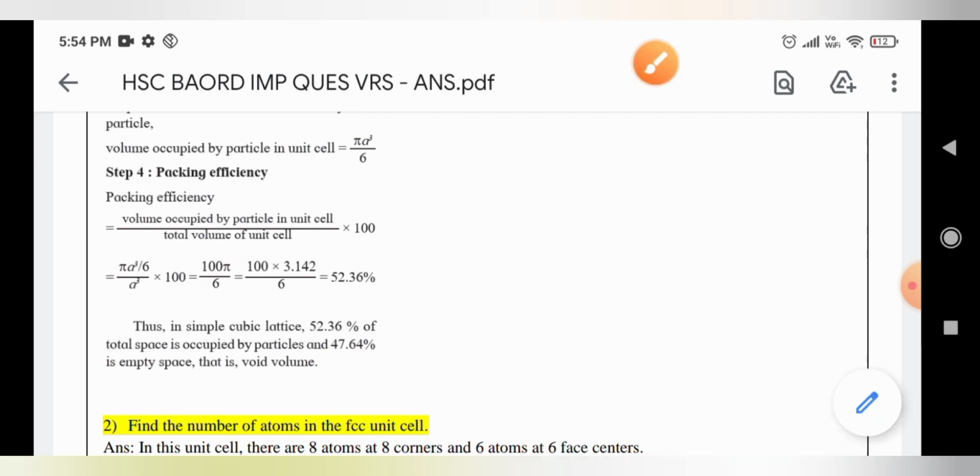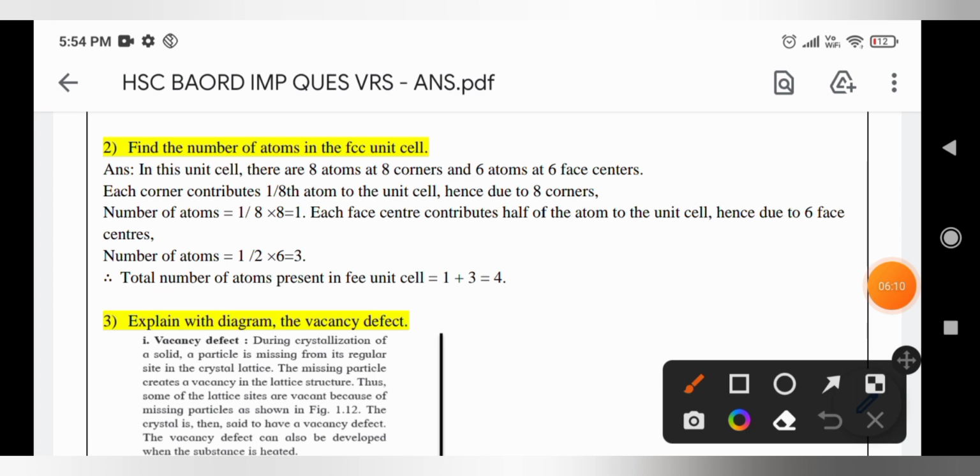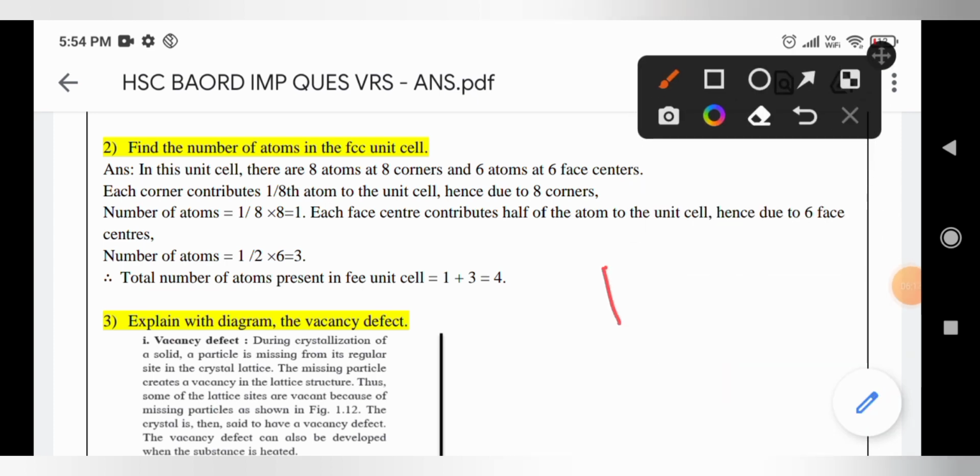Next, find the total number of atoms in FCC. If we discuss the structure of FCC, this is your cubic system.